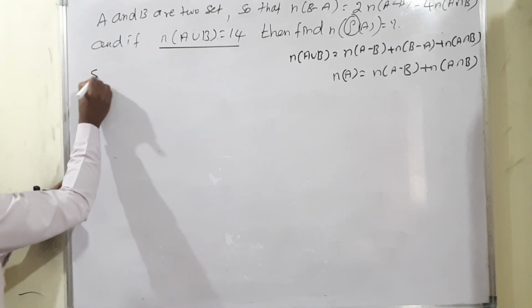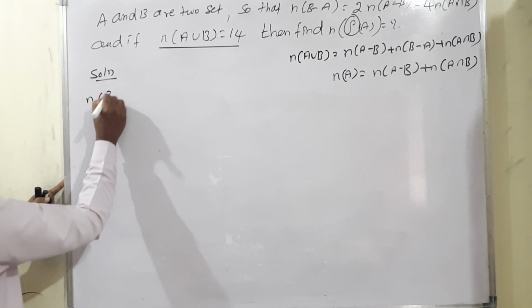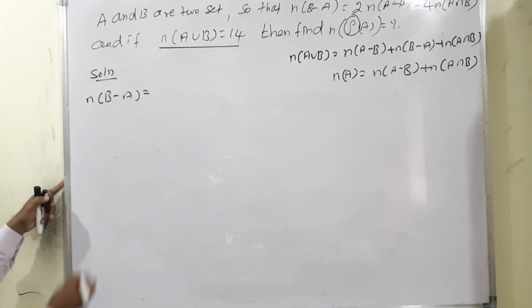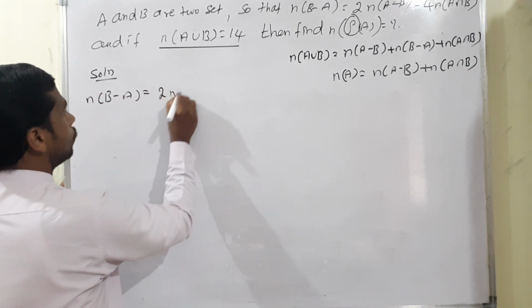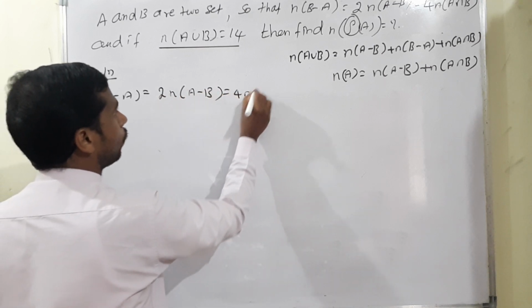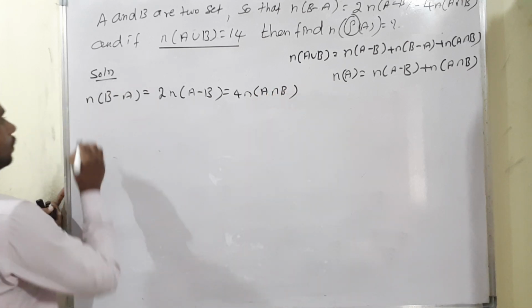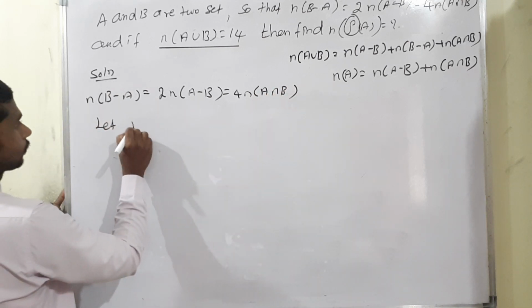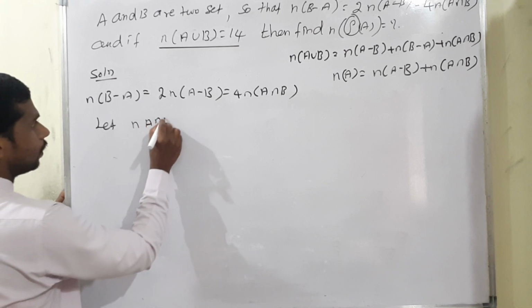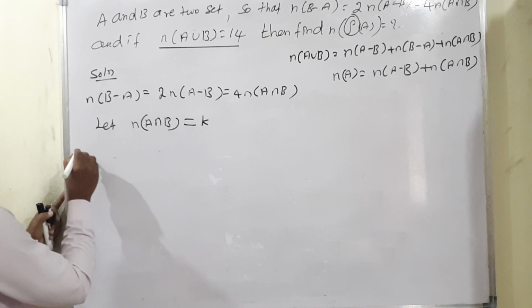Solution. The given terms: number of B minus A is equal to two times number of A minus B, is equal to 4 times number of A intersection B. So let the number of A intersection B be K. What will happen?